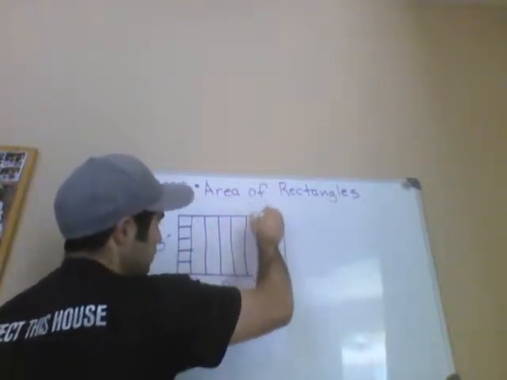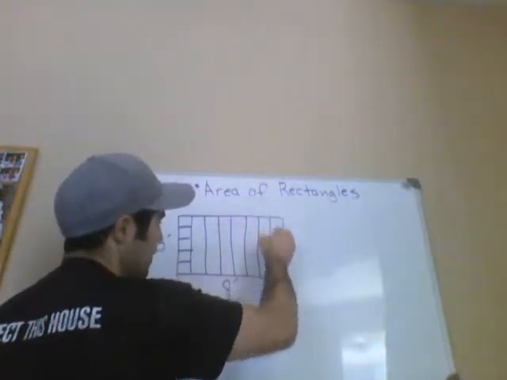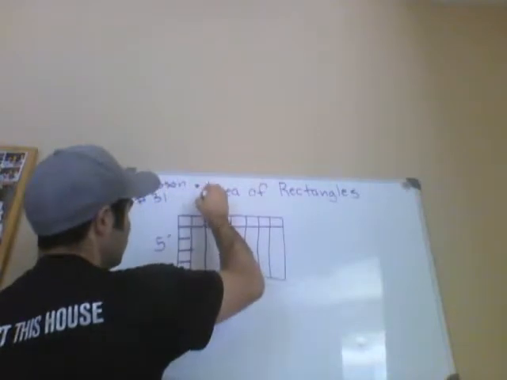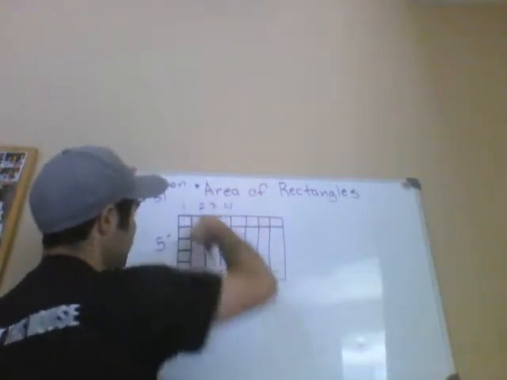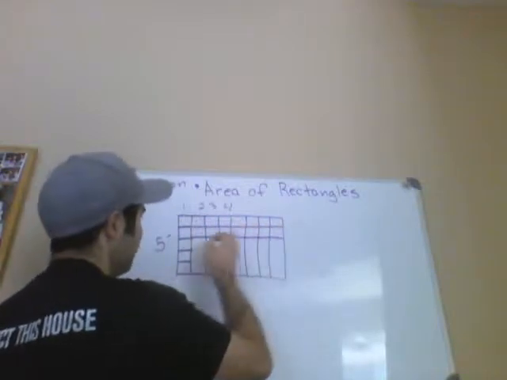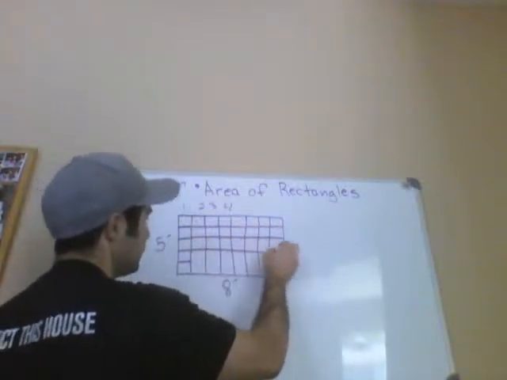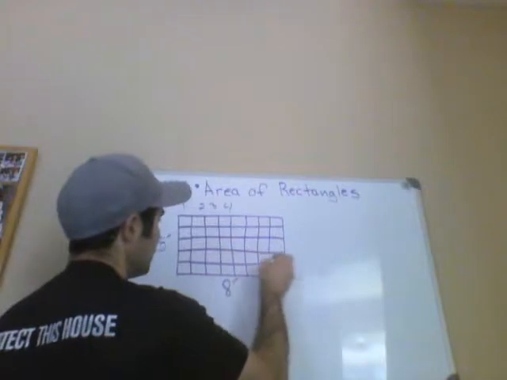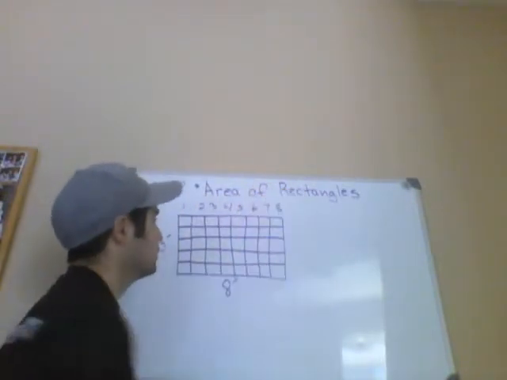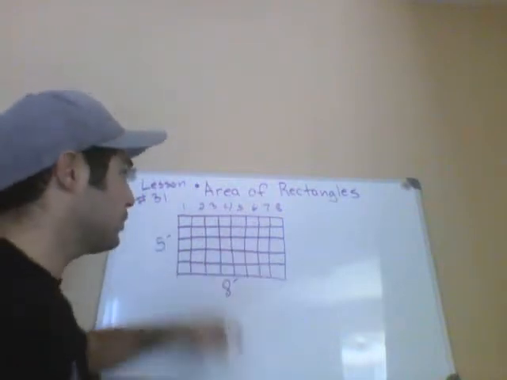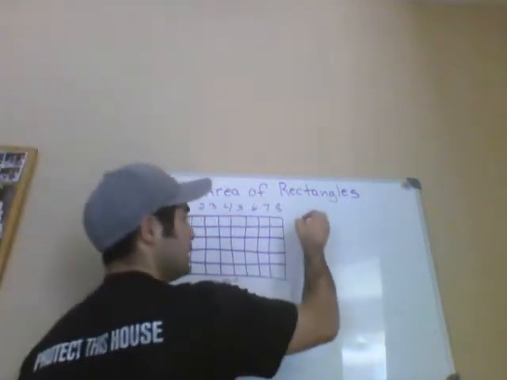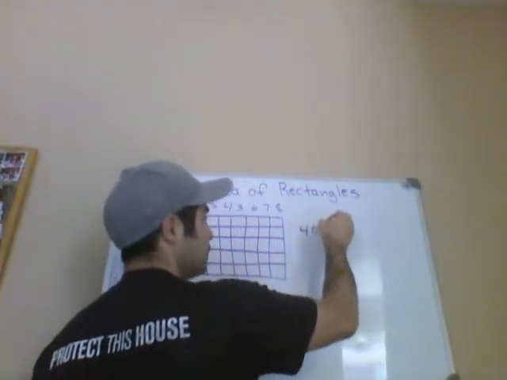Imagine these lines are drawn completely straight. So that's 1 row, 2 rows, 3 rows, 4 rows, so that's 5, 10, 15, 20, 25, 30, 35, 40. 5 rows, 6 rows, 7 rows, 8 rows. So how many of those tiles are we going to need? This is simply 5 times 8. So you're going to need 40 of those tiles.